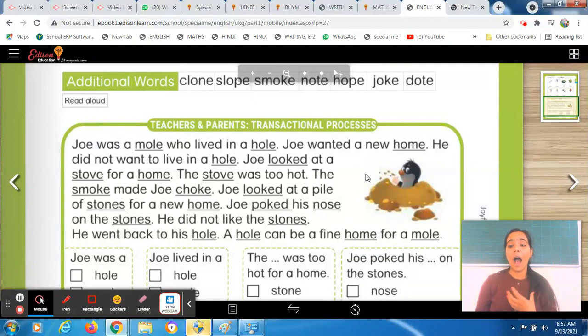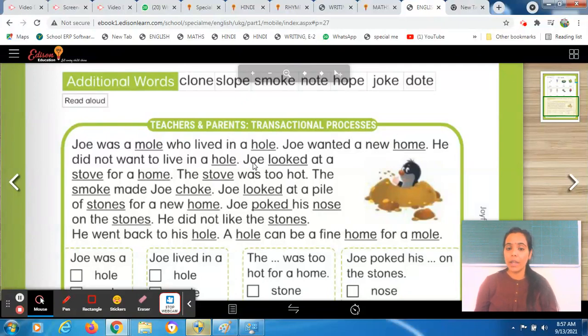He wants a new house for himself. He did not want to live in a hole. Why does he want a new home? Because now he doesn't want to live in a hole. Where he lived before, in the hole, he doesn't want to live there. That's why he is searching for a new home.